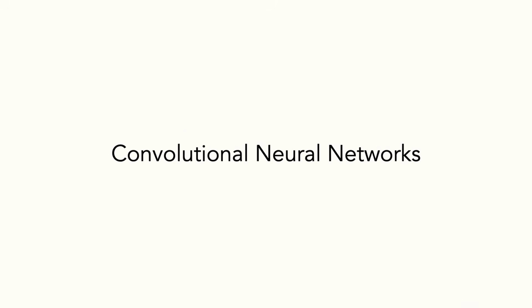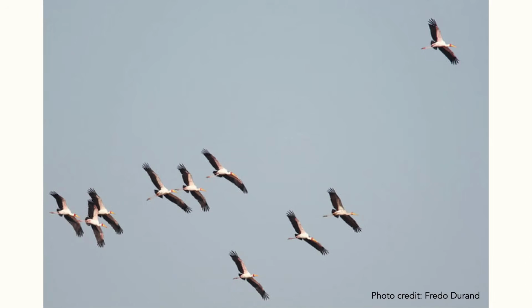Yeah. Cool. So let's now talk about convolutional neural networks. So here's an image. What's in this image? Birds. Okay. So what else is in this image? Sky.